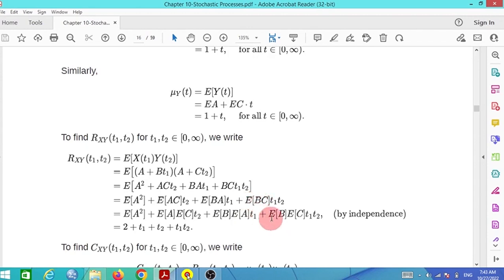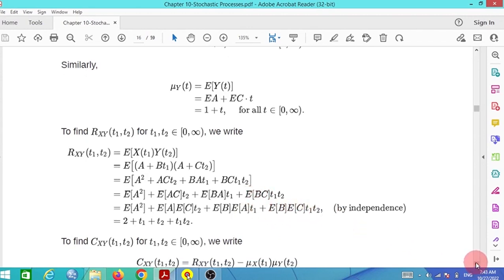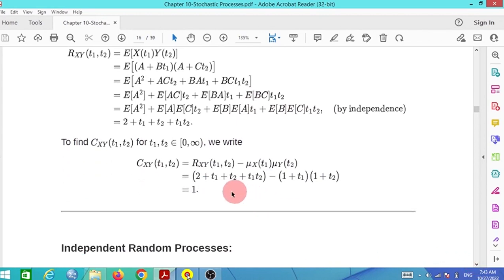And similarly for B and C. So this is the expected value of A squared, which by definition of variance equals 1.